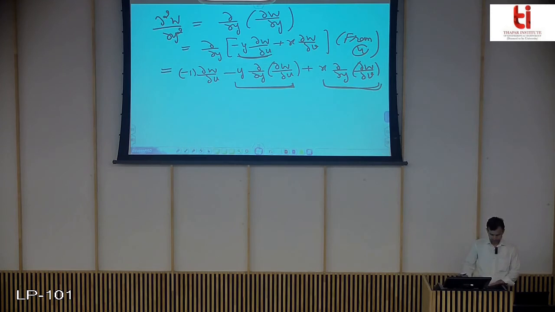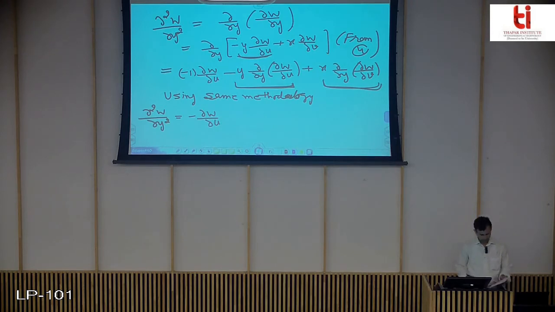Okay, so using the same methodology, I am not working this here, you can try it yourself. Using the same methodology, it will come out to be minus del w by del u.